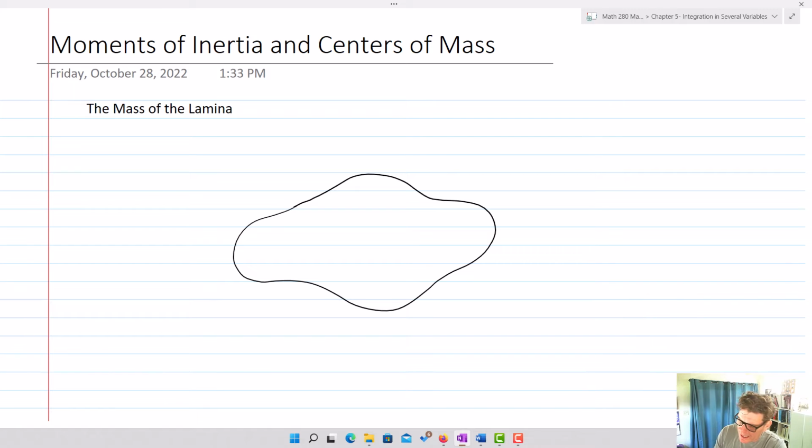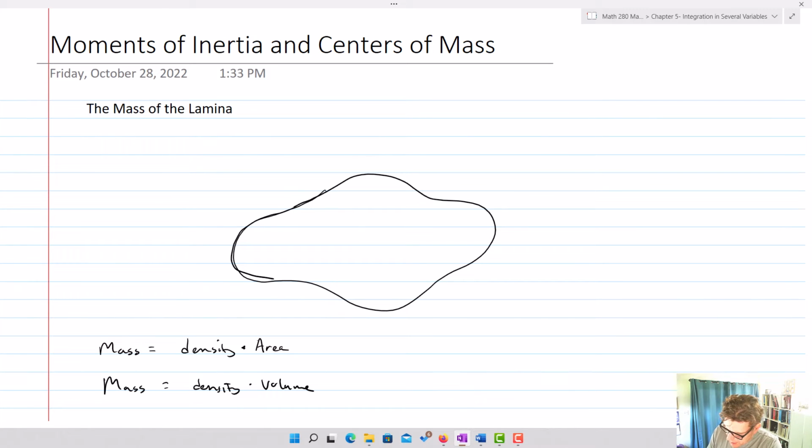And the mass of the lamina, we remember that mass always equals the density times, in this case, the area. If we're talking about 3-dimensional figures, mass is going to equal density times volume.